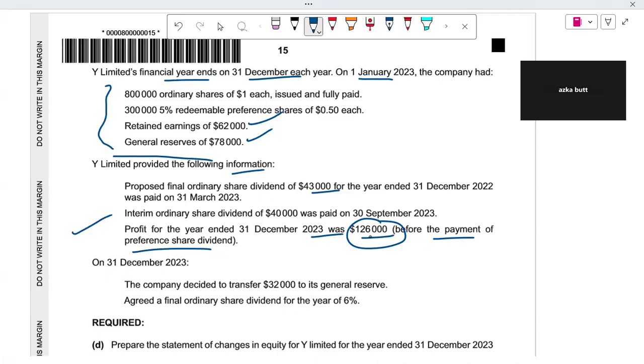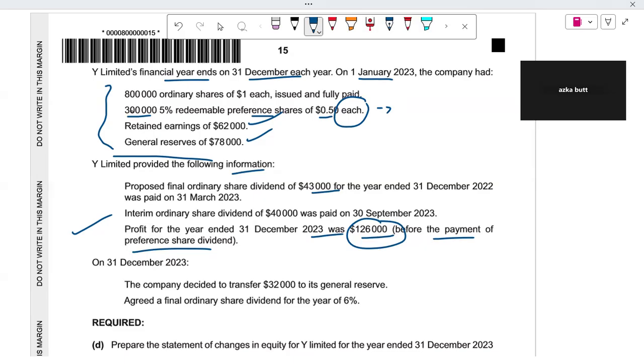It means that we have to add back the payment which we paid to the preference shareholders. So if you can see that there are 300,000 redeemable preference shares of $0.50 each.